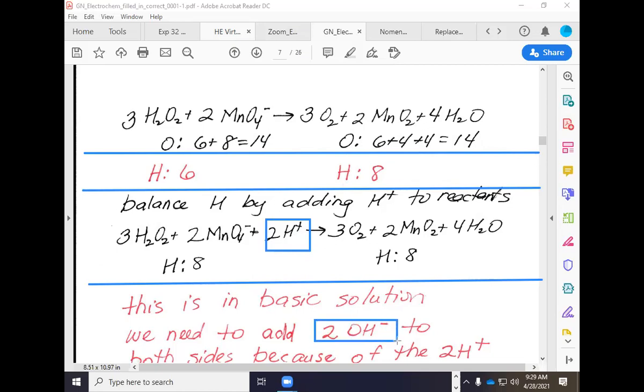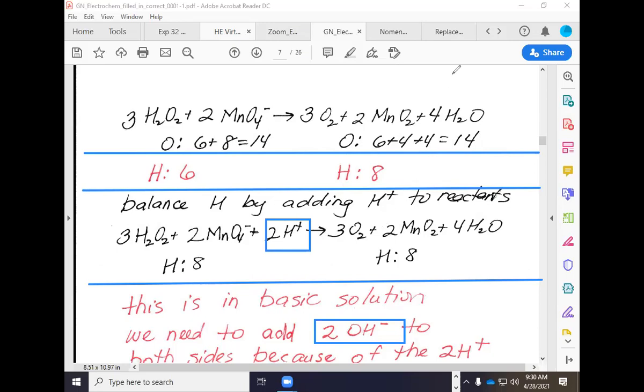And if we add them to both sides, mathematically you're not changing anything. So we see that we have 2 hydrogen ions, but this is supposed to be in basic solution. And so we will add 2 hydroxides to both sides. We got the 2 hydroxides because we knew we had 2 H pluses.